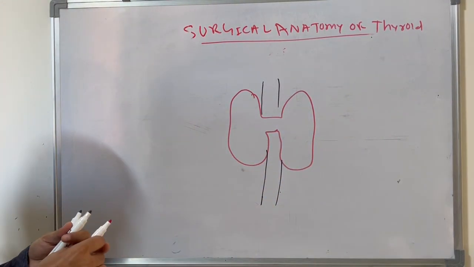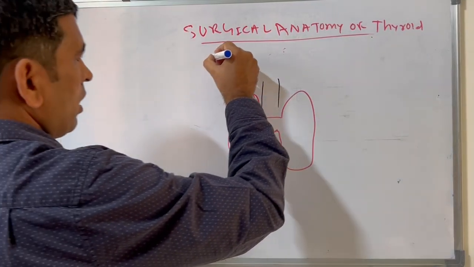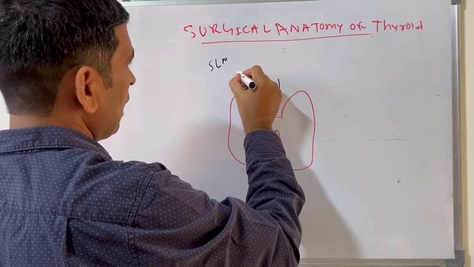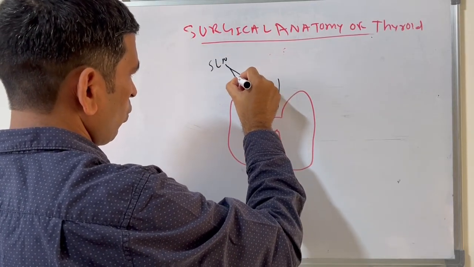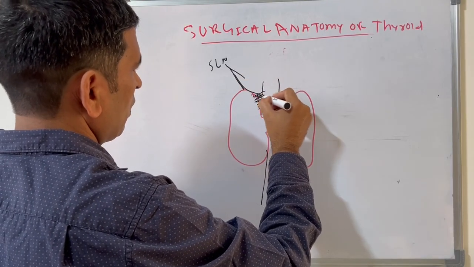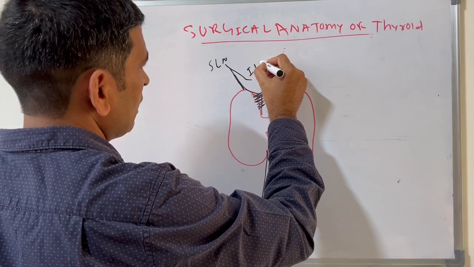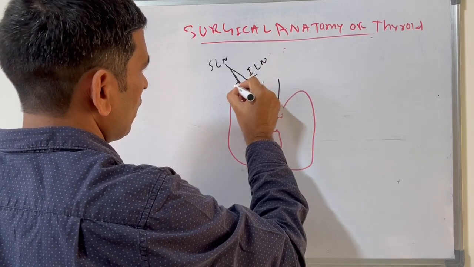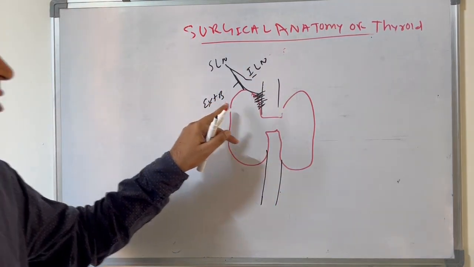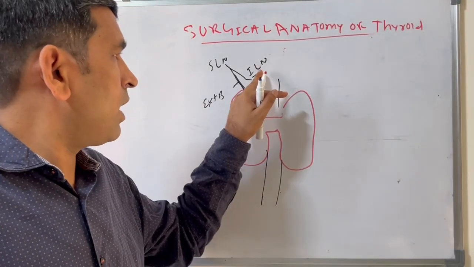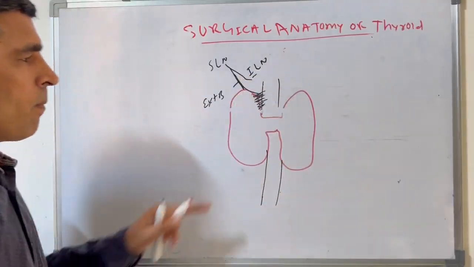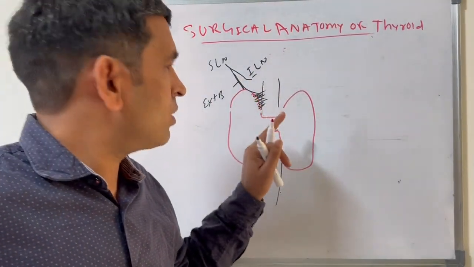One nerve is coming, the superior laryngeal nerve, that forms two branches: one is the internal branch, and second is the external branch. This external branch supplies the cricothyroid muscle, while the internal laryngeal nerve goes through the thyrohyoid membrane for sensory supply above the vocal cord.